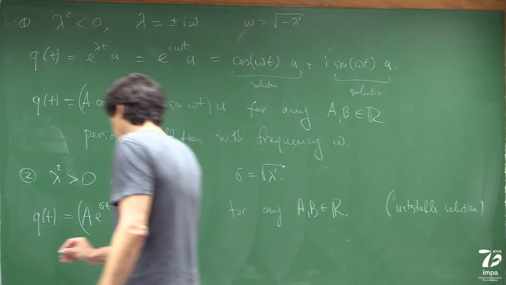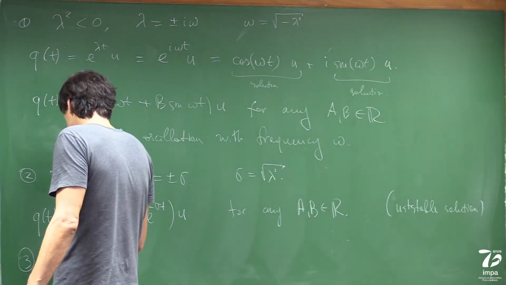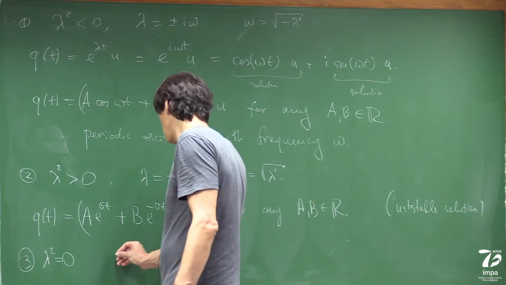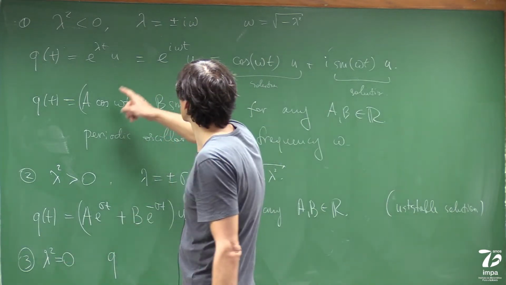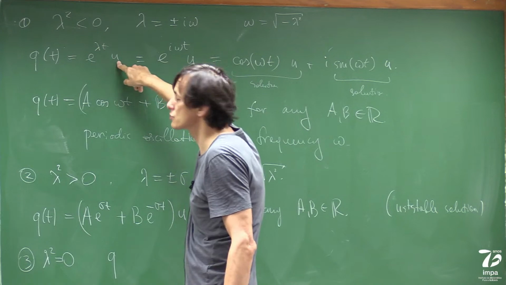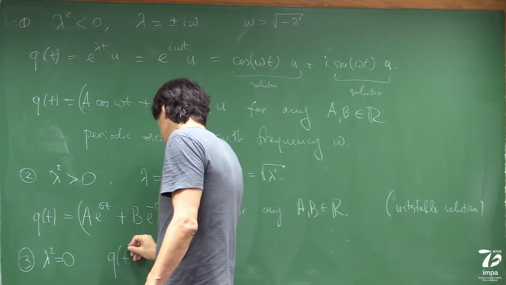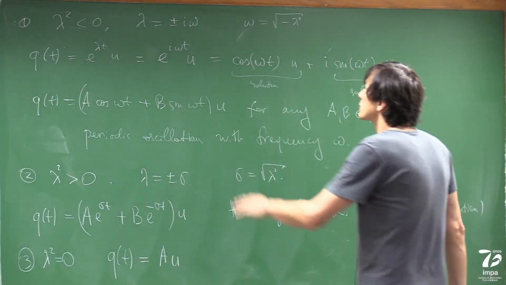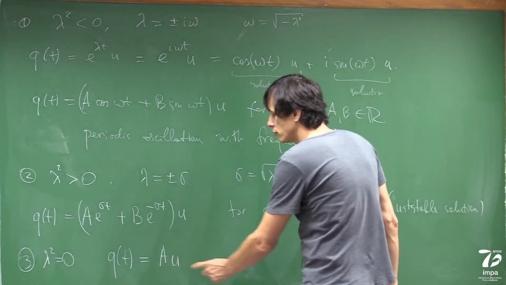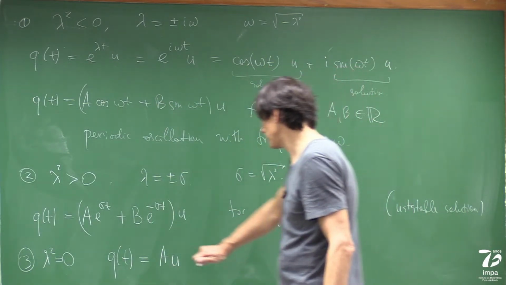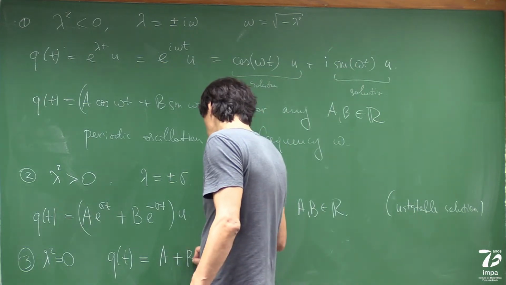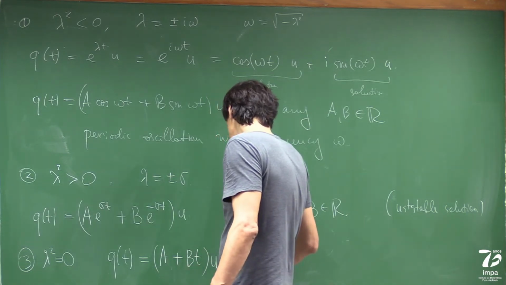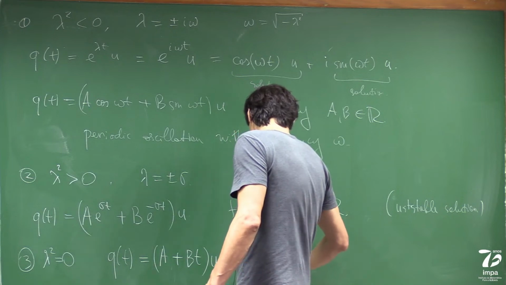Then the third case is when lambda squared is 0. When lambda is 0, the exponential is 1, so you just have a solution which is U, and it's constant, with any coefficient times U. But what you can check is that if you add any coefficient multiplied by time, this is also a solution.